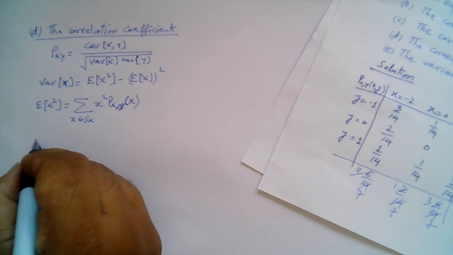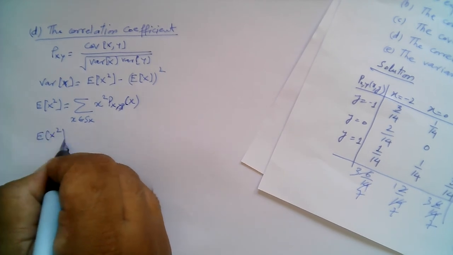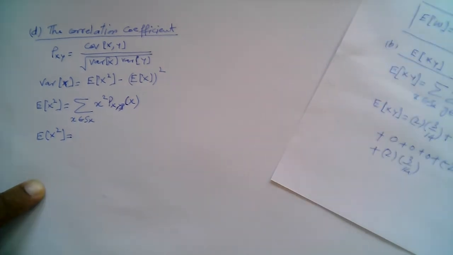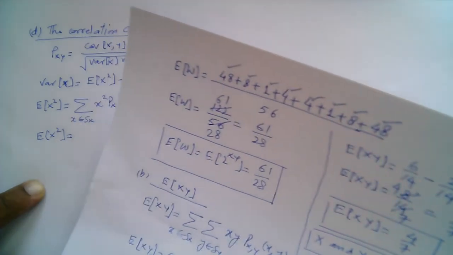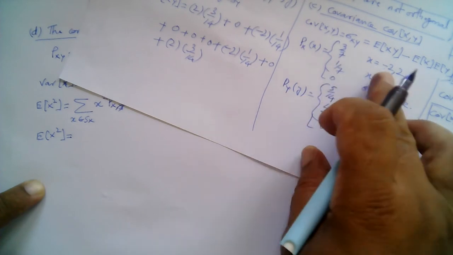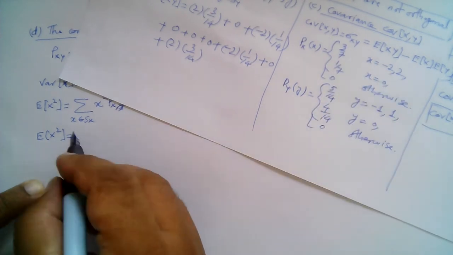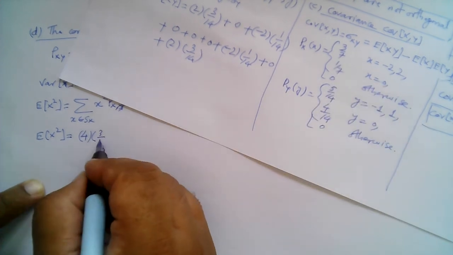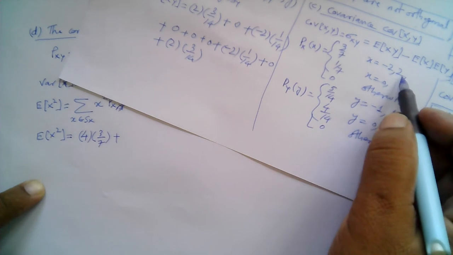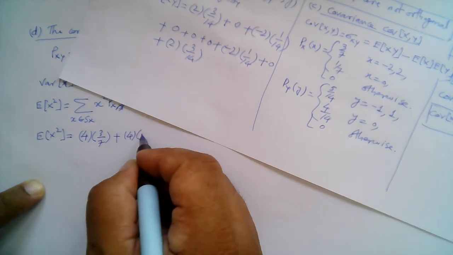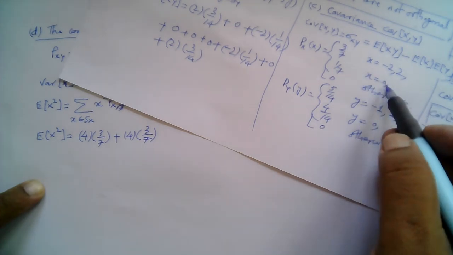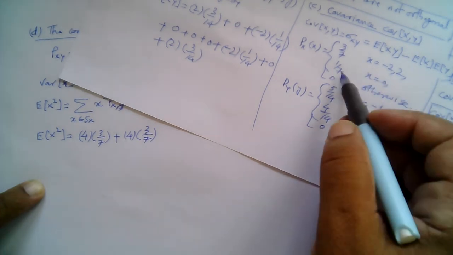So from the marginal PMF that we have calculated, this is minus 2 squared, so this would be 4, multiplied by 3/7, the corresponding probability, plus 2 squared, which is again 4, multiplied by 3/7, and then 0 squared is 0, multiplied by the corresponding probability.